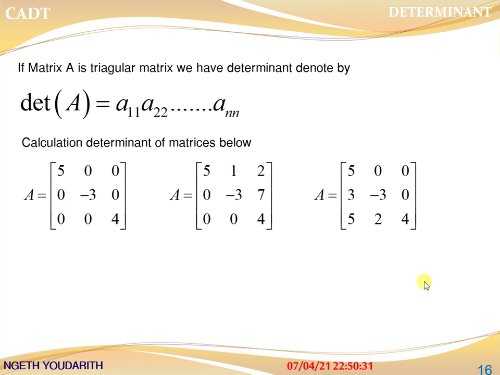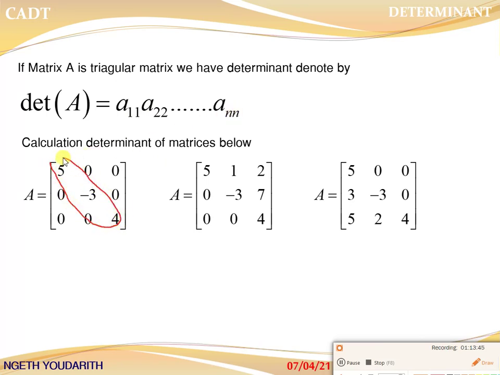And this is the formula for a triangular matrix. We have the determinant of the triangle. This one is equal to this determinant.